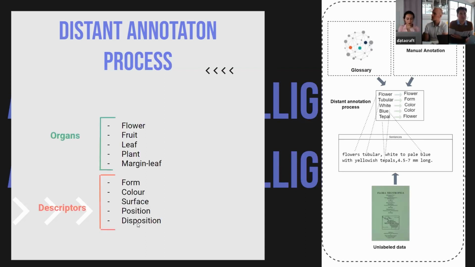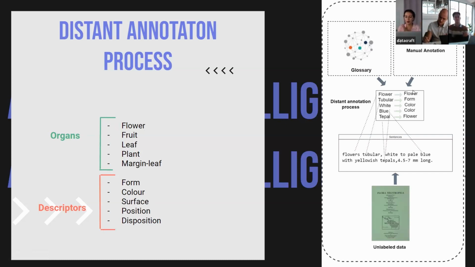These are all the classes that we have chosen. As you can see, these classes are split into two partitions. We have the organs and the descriptors, and having these two partitions will help us afterwards create the graph based on the classes that are detected.